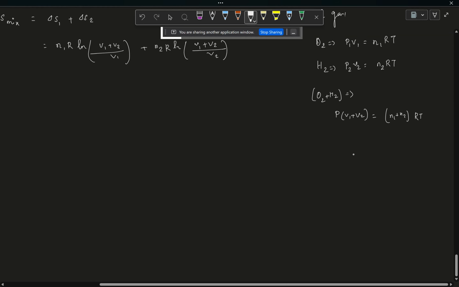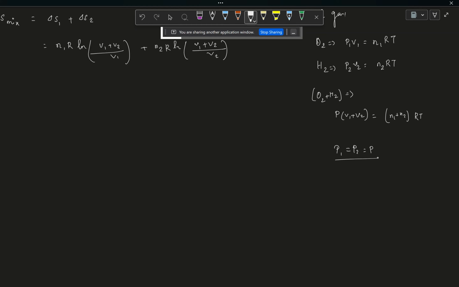Okay, so now here comes the question. Here it will be useful that your P1 equal to P2 has to be P, because the pressure is not changing in the question. Maybe the pressure and temperature are not changing, and only the volume and the mole number are changing.